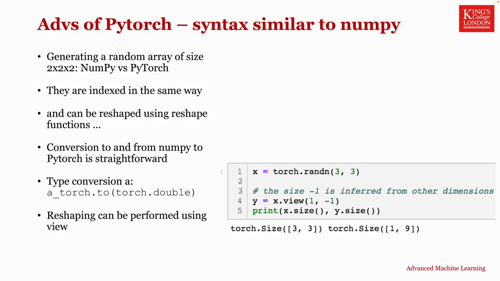So in other words, if we pass the function view the arguments 1, -1, then this is going to stretch out the tensor into a row vector with length equal to the total number of elements in the original array, which in this case is 9, or 3 times 3. Now pause the video and run these lines of code in your notebook to check that you're comfortable with them.